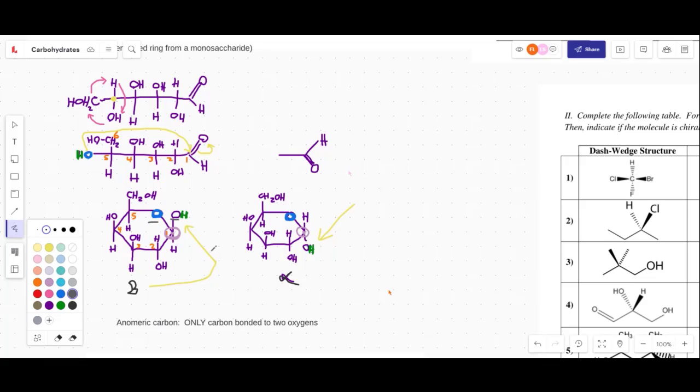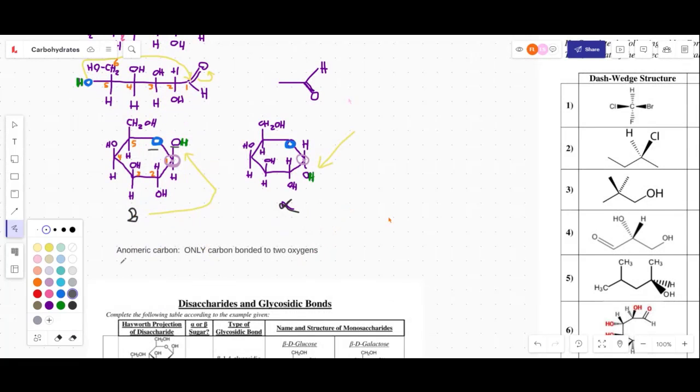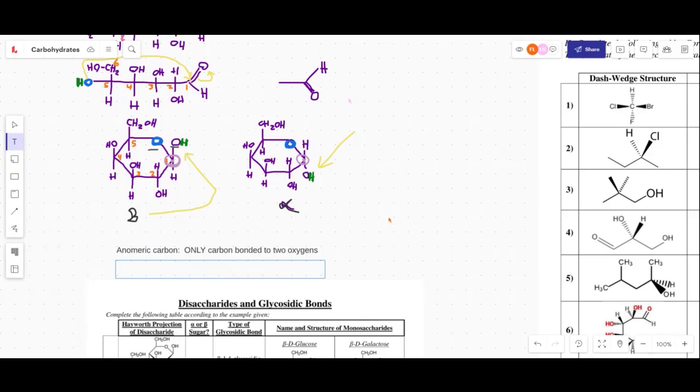And that also has to do with determining whether or not something is a reducing sugar, because a reducing sugar is any sugar that has a hemiacetal. Now go ahead and write out what a hemiacetal is.